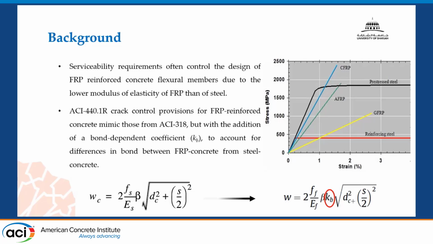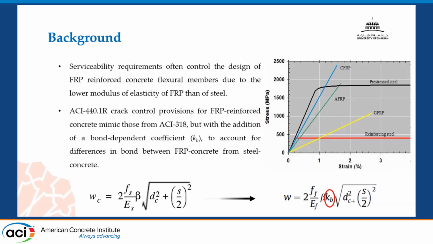Looking at serviceability, this is a topic that we are very much interested in our 440 committee. She's indicated how in many instances when you are designing a GFRP reinforced element, serviceability criteria is controlling. Part of the way serviceability is measured is by having equations that control the crack width. That is very important when you have a reinforced concrete structure with steel reinforcement.